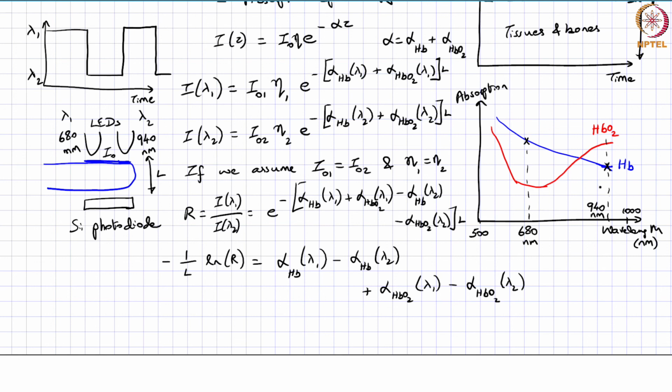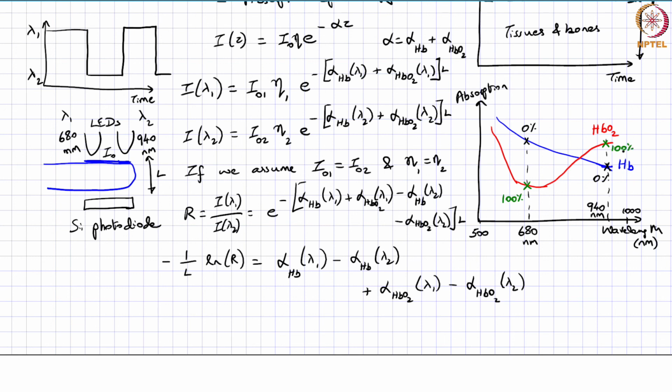So you can calibrate with respect to that ratio, and you can say that this corresponds to 0% oxygen saturation, right. On the other hand, if you have 100% oxygen saturation, then you will measure this value at 680, and this value at 940. So this will correspond to 100%.